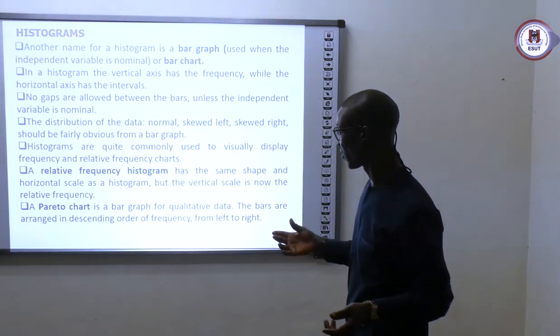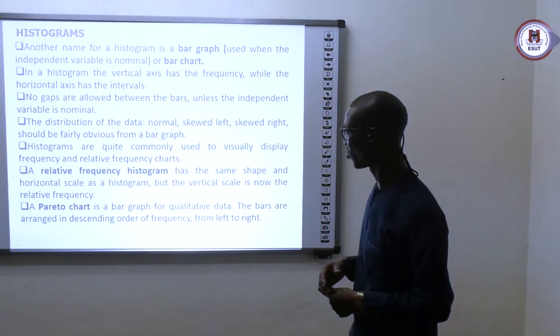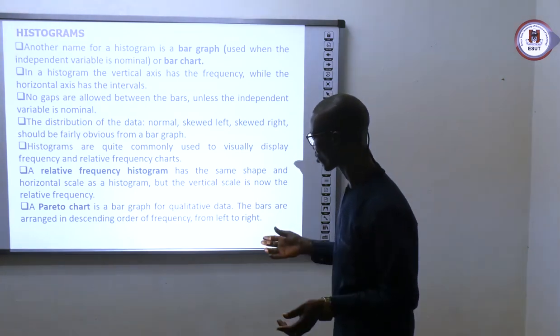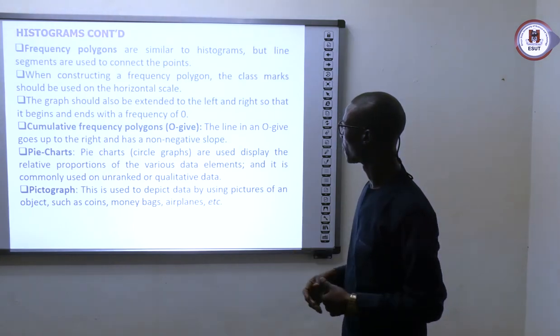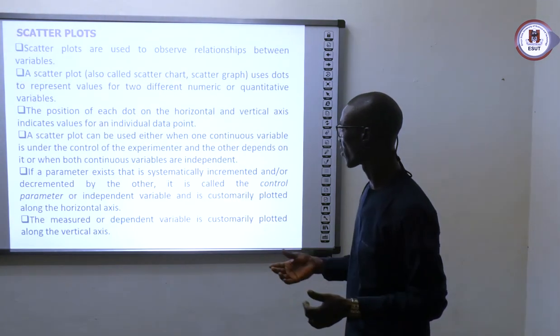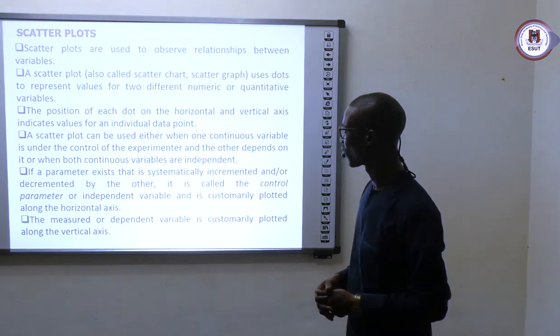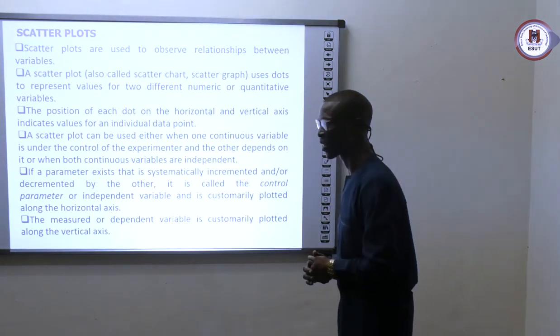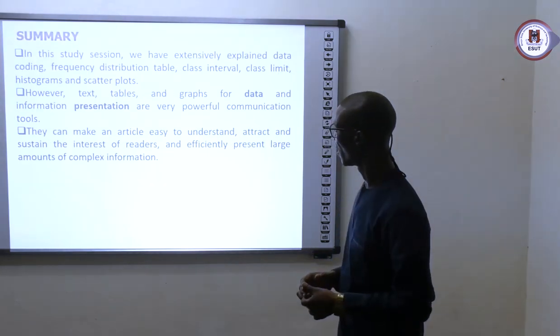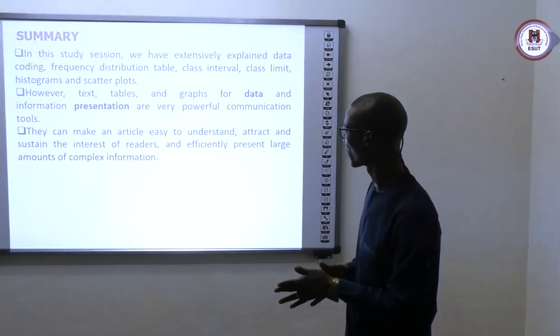So we have different types of graphs. We have the ogive and many other types of charts. We have the frequency polygon and the scatter plot. These are different graphs that we use for presentation of what? Data.